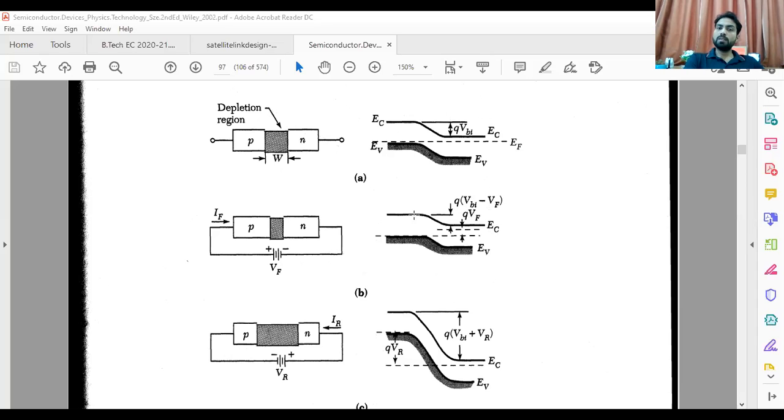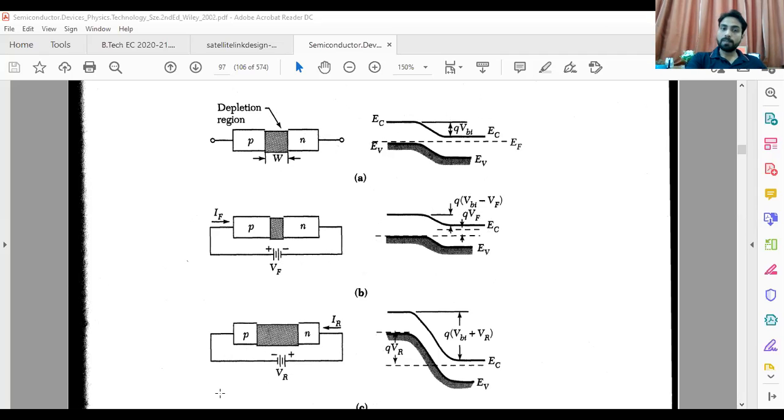This barrier has been removed, and the energy is sufficient. This energy is sufficient to make an electron from N type के conduction band से P type के conduction band में पहुंचाने के लिए अपने आप में it's more than sufficient. It's sufficient.